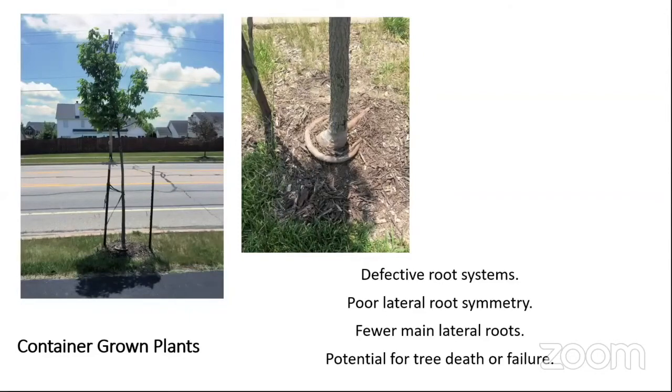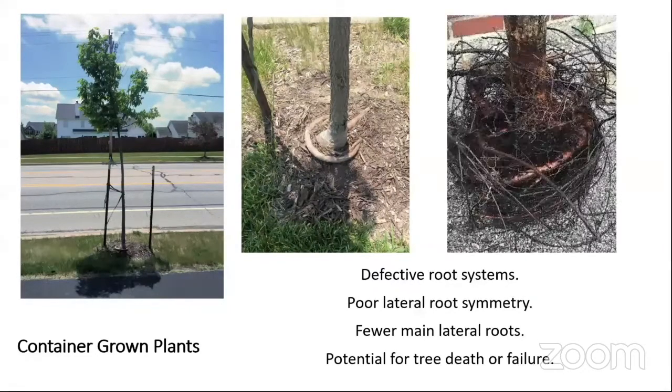We have fewer lateral roots, which are important for the stability of that plant, and an increased potential for tree death and especially tree failure, because those roots have not gone out to support the tree as it gets larger and heavier, and as a result, oftentimes they blow over very easy as a result of this poor root development.